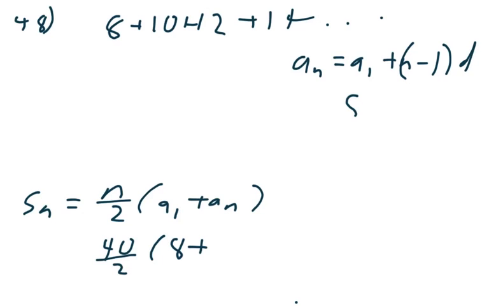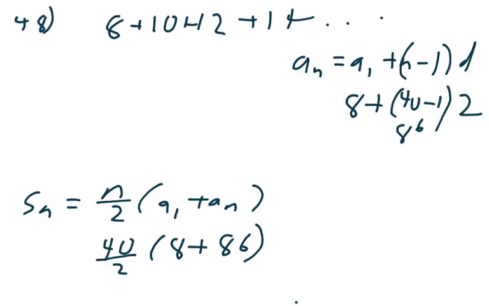And a sub 1 is still 8. n is 40. And to get from 8 to 10 is 2. So 8 plus 40 minus 1 times 2 is 86. So 86 is the last number. So now my formula gives 880.